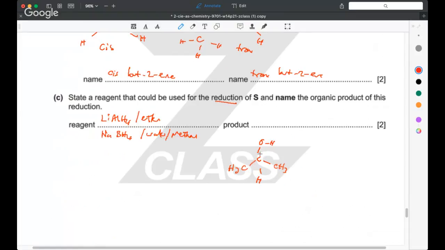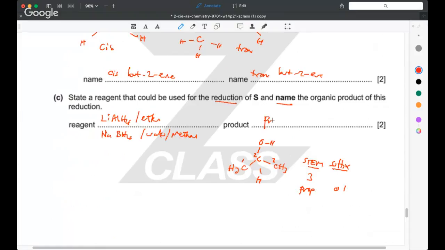Okay, now they're just asking us to name this product here, so let's be careful on that. We've got a stem, the stem is 3 carbon atoms long, so we're going to have prop, aren't we? And we've got the alcohol here, so the suffix is going to be ol because it's an alcohol, and then we number the chain 1, 2, 3, so that's propan-2-ol, isn't it?